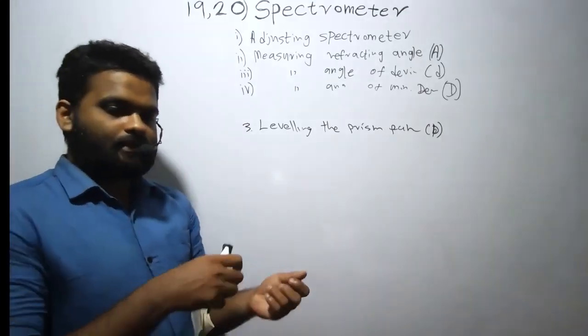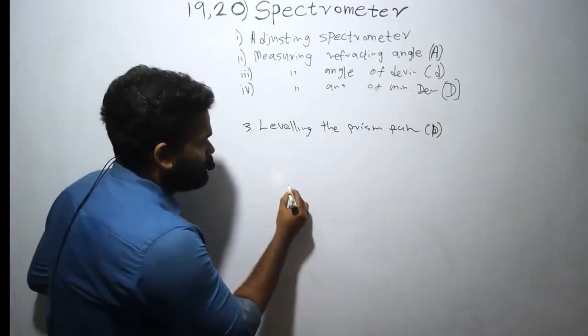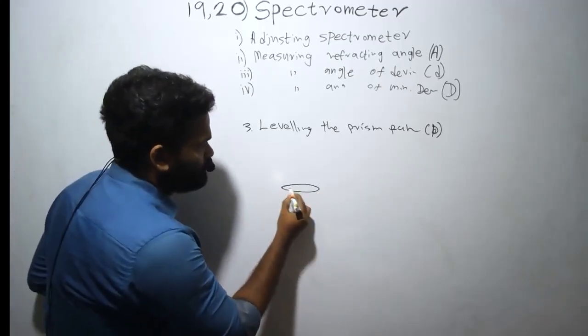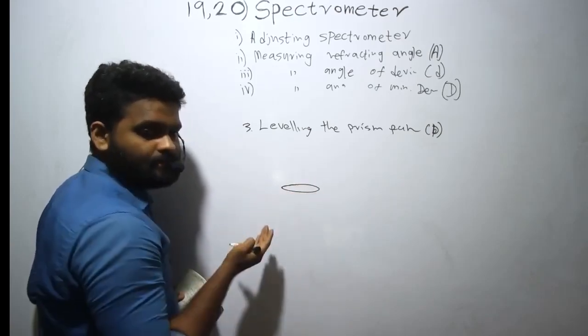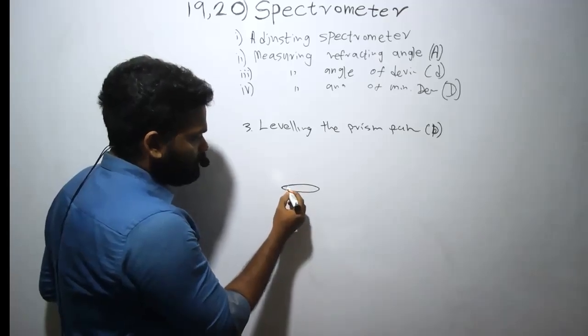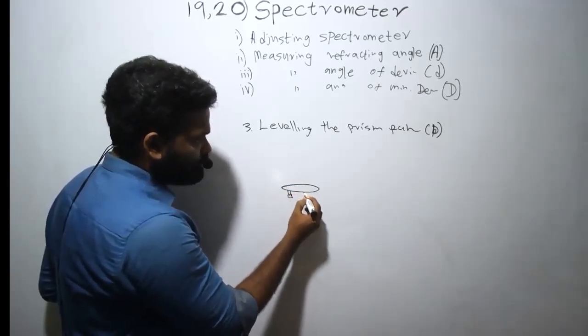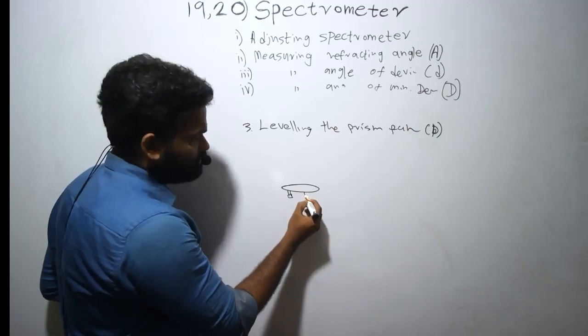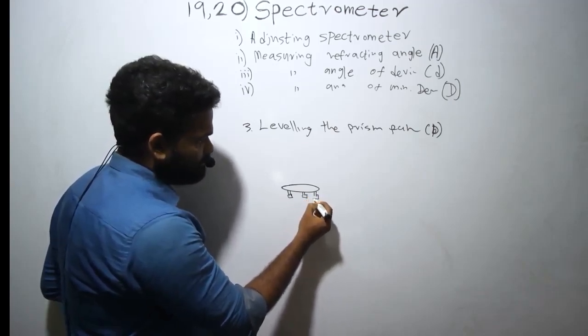So the prism table is something like this, right? You just have a plate like this, just a plate. And below that plate, you have 3 screws. You have 3 screws like this.